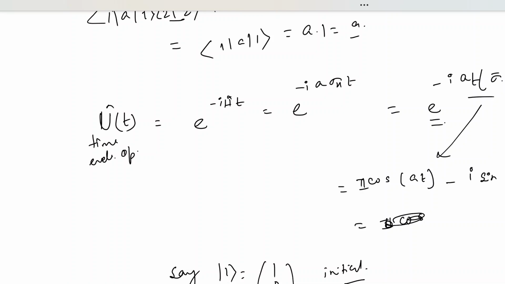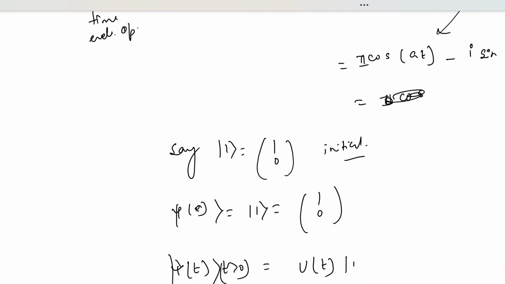That will be simply the time evolution operator operating on psi 0, which is the time term, also with a sigma x form.